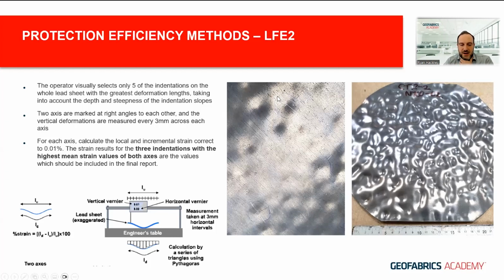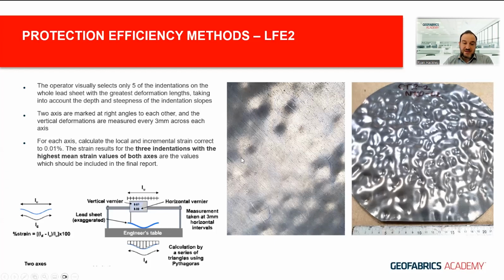We run a vertical vernier and horizontal vernier across the deepest and longest indentation in the, let's call it the X direction, and then we find the deepest point, and then we run perpendicular to that in the Y direction and take vertical and horizontal measurements across that indentation at 3 millimeter increments. So 2 sets of measurements per indent, and then we take the average of those to measure that average strain.